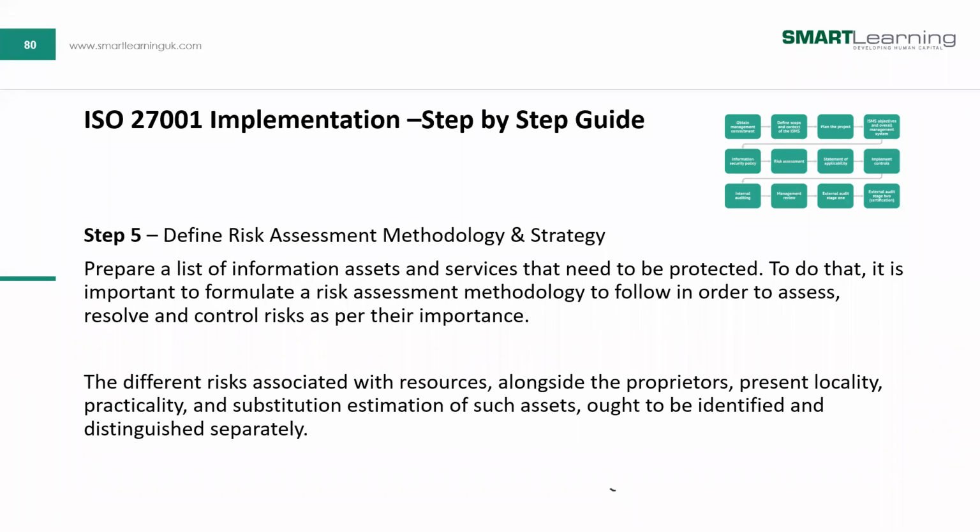You say this asset is this important to us. If we lose it, we'll lose this much money. So that is an asset-based approach. This asset-based approach is very, very good, very, very detailed. It's approved by ISO 27001.